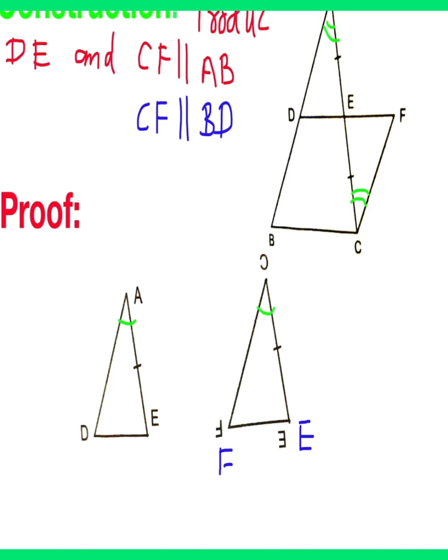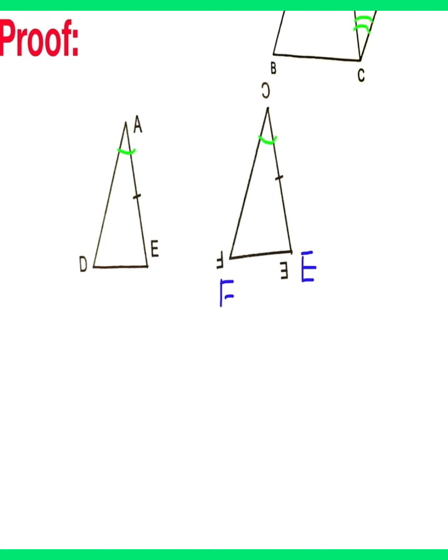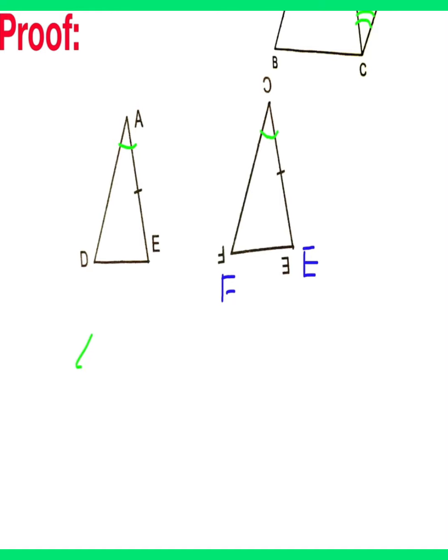You can see this is the top vertex angle. So we will indicate this as angle 1 and this as angle 2. So we will write here for the proof of this theorem, angle 1 equal to angle 2. Why? Because these angles are alternate interior angles.